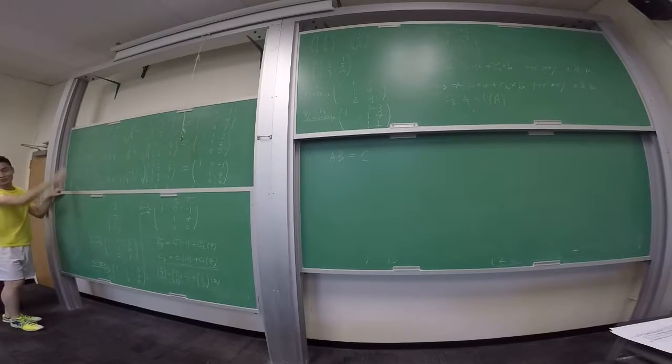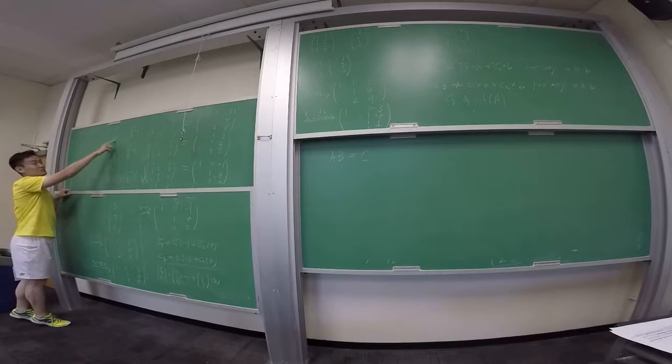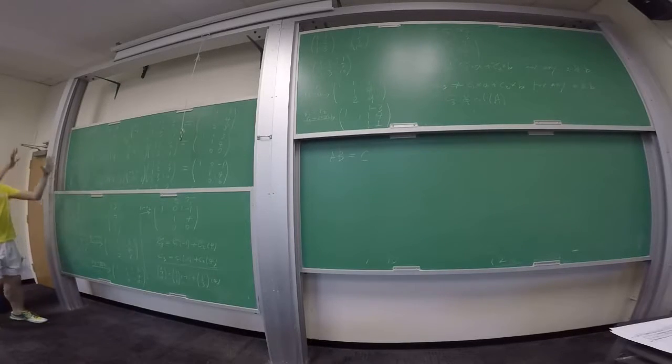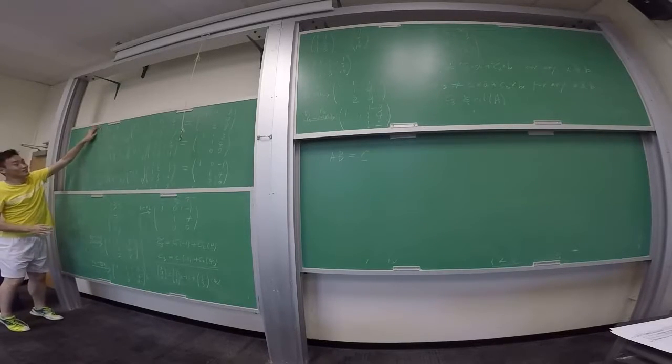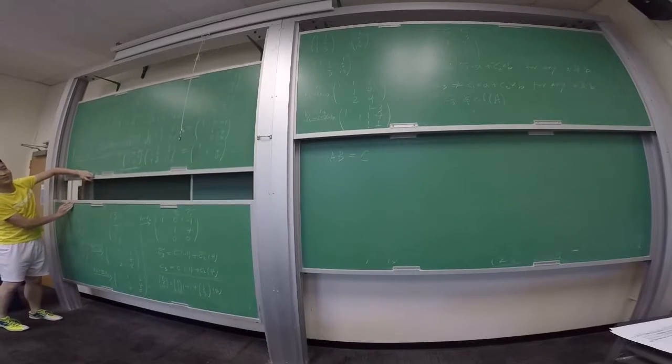You do the same thing to the unit matrix, and then you will get which matrix you want. So this matrix means that you subtract the first row from the third row, and all of that. Any other questions? Okay.